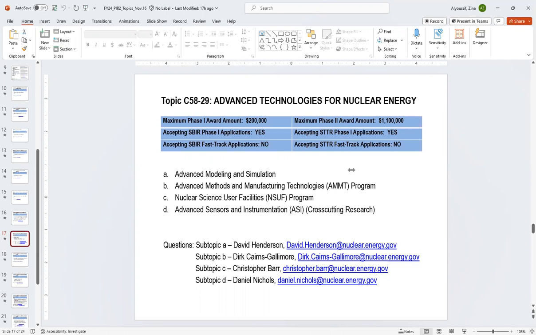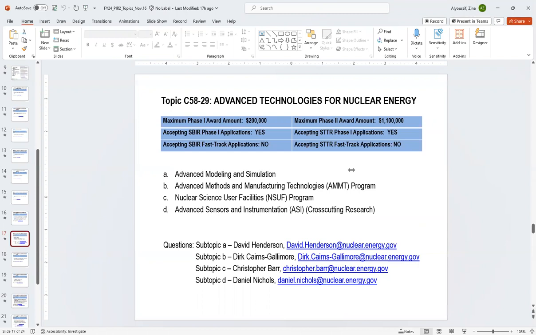In the past, we've received and funded quite a few applications on meshing and mesh refinement, interfaces and workflow kind of tools. So if you're thinking in that direction, you really need to look through the list of projects that have been funded in the past, which I believe are still on the SBIR website.